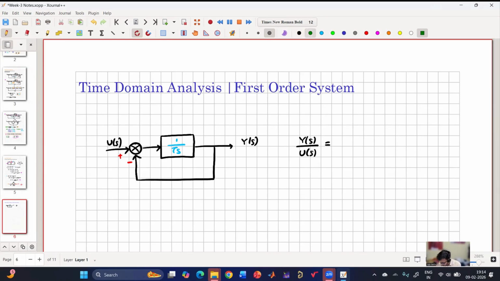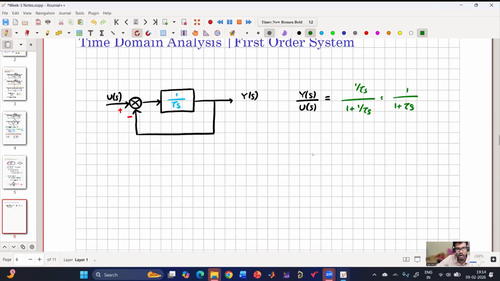So how did we get 1 by tau s divided by 1 plus 1 by tau s? I got 1 by 1 plus tau s. Actually, my writing pad is creating issues today. It is disconnecting and connecting again. Okay, so this is the overall transfer function.